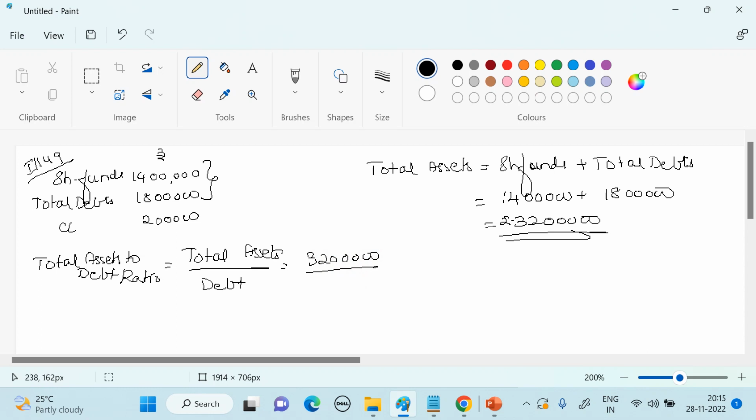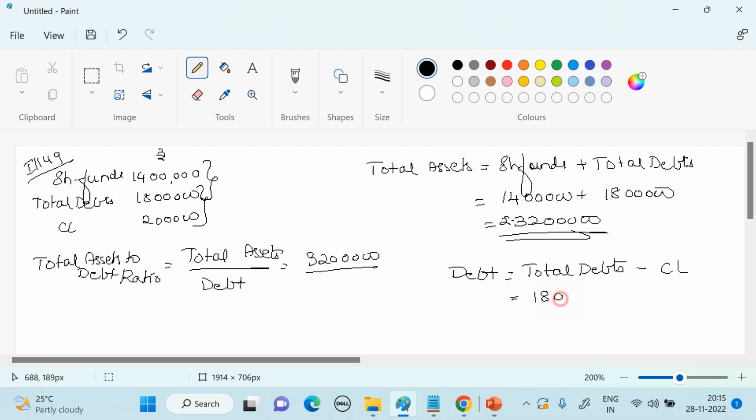Then we need the denominator, which is debt. For debt, we are going to use these two pieces of information: total debts and current liability. We know total debt is nothing but non-current liability plus current liability. So what would be debt? From the total debts we remove the current liability, and we get the non-current liability, or the debt portion of our formula.